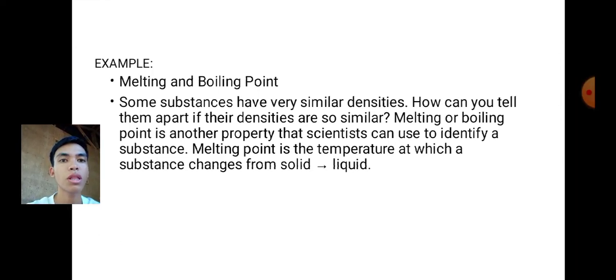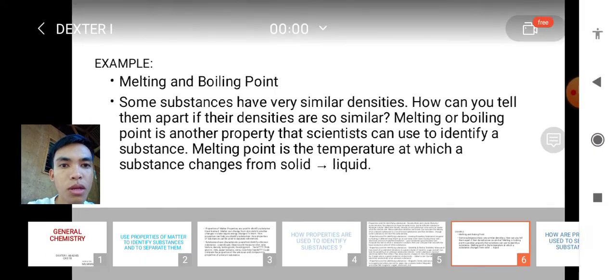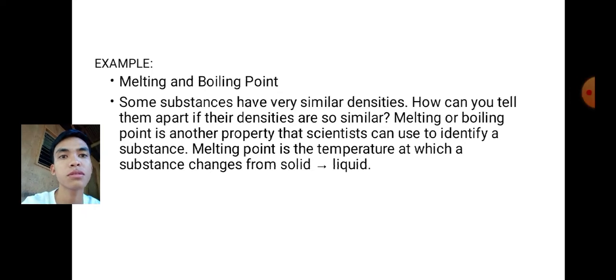Melting and boiling point. Some substances have very similar densities. How can you tell them apart if their densities are so similar? Melting or boiling point is another property scientists can use to identify a substance.